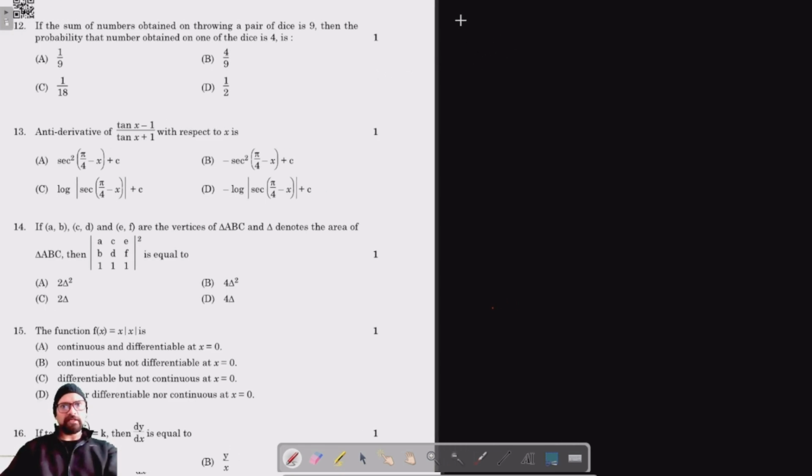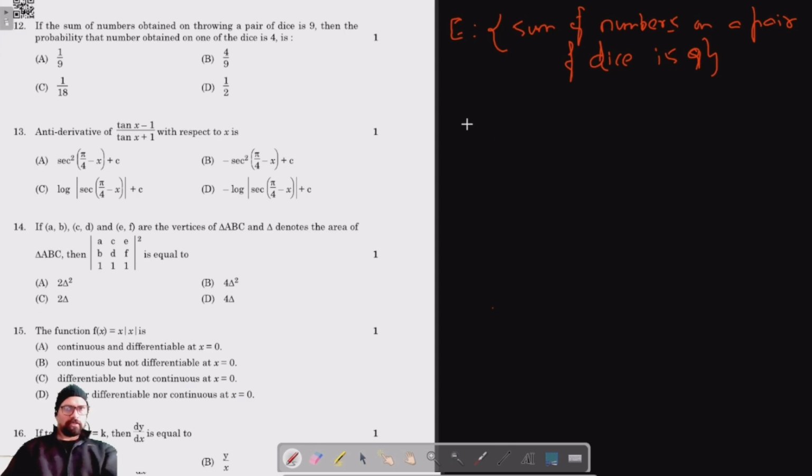Let's say E is the event where the sum of numbers on a pair of dice is 9, and let F be the event where the number on one of the dice is 4.